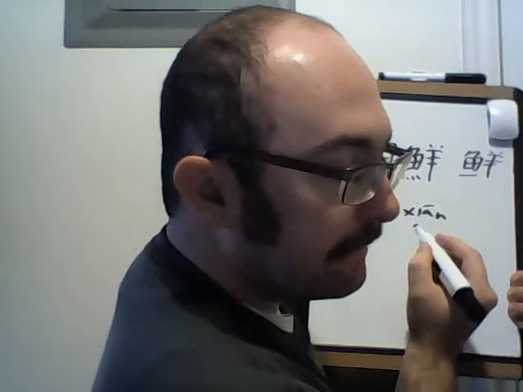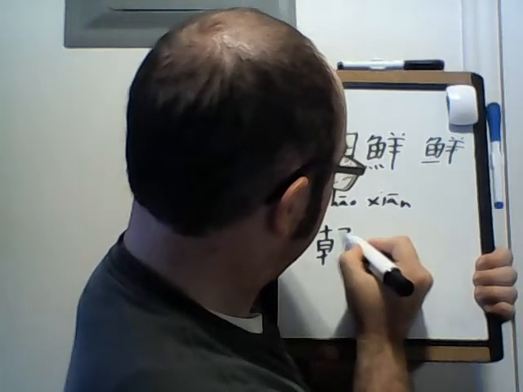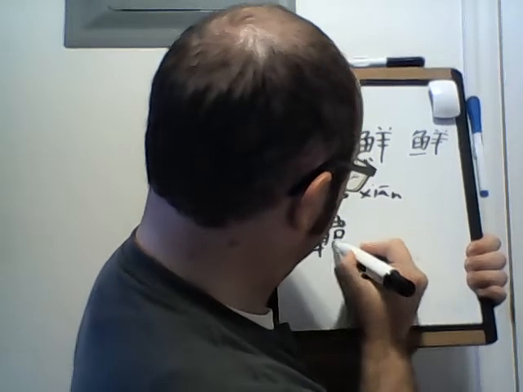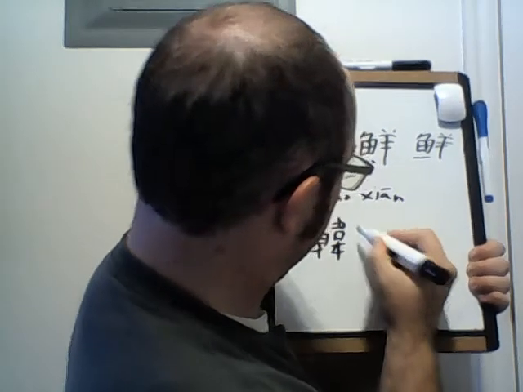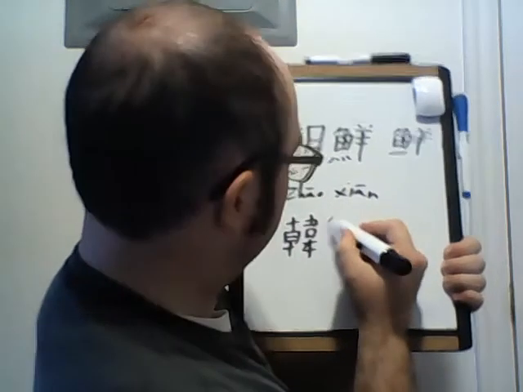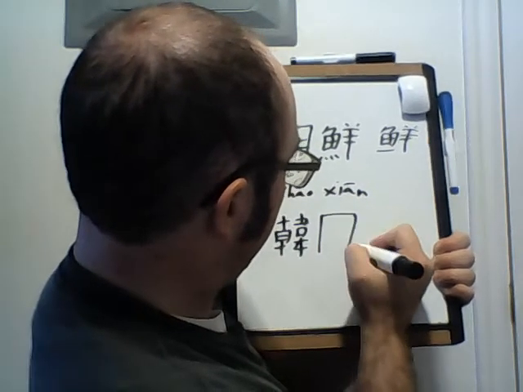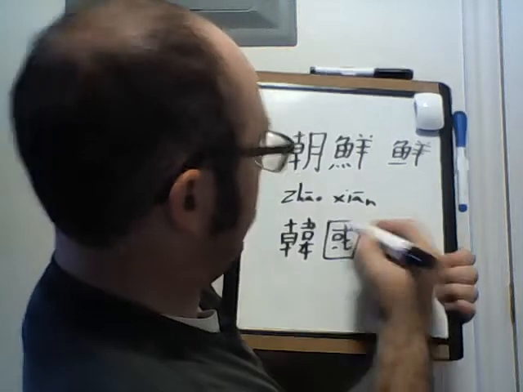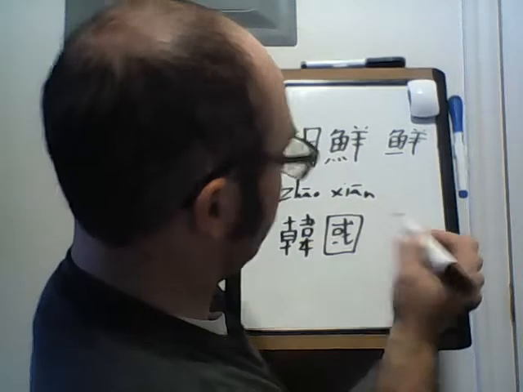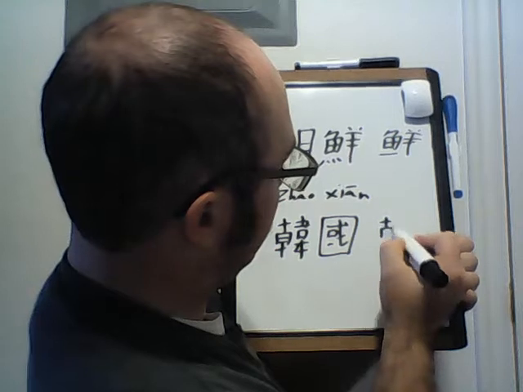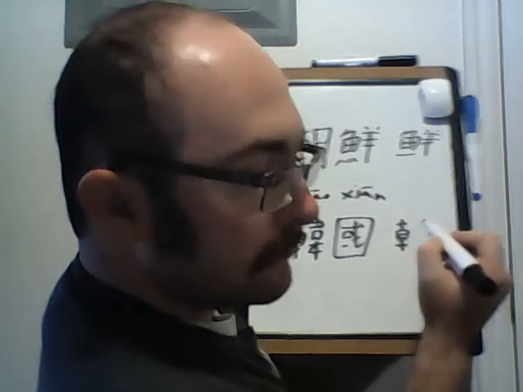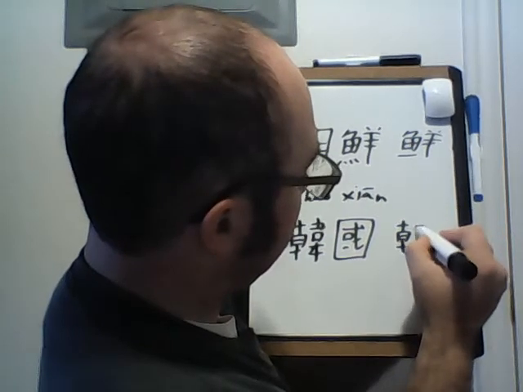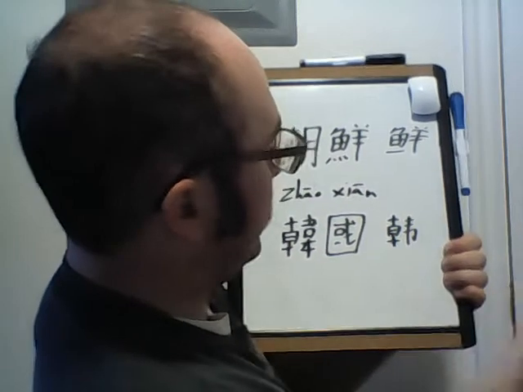Okay, and the other, this is where it gets kind of hard to write. Okay, and you know the simplified for that character, the simplified for this one is that.